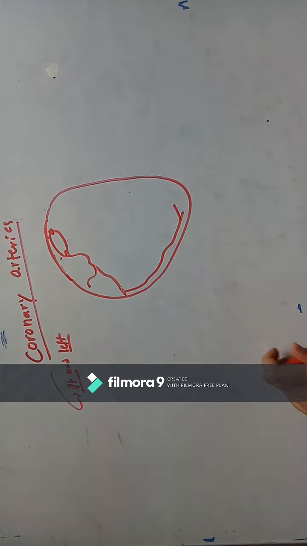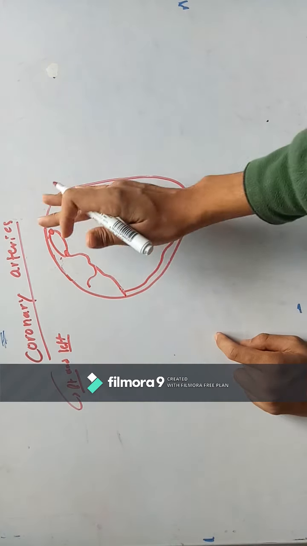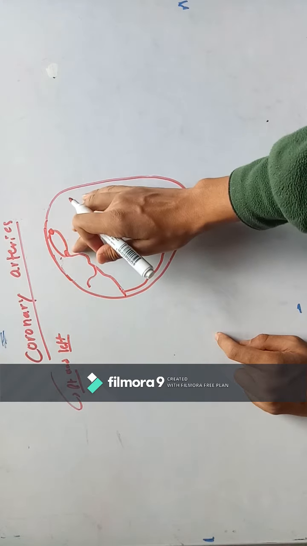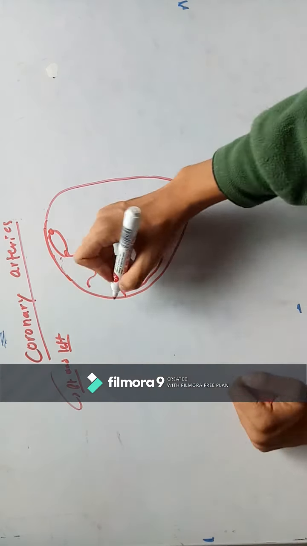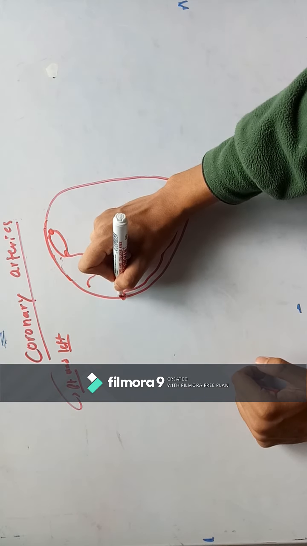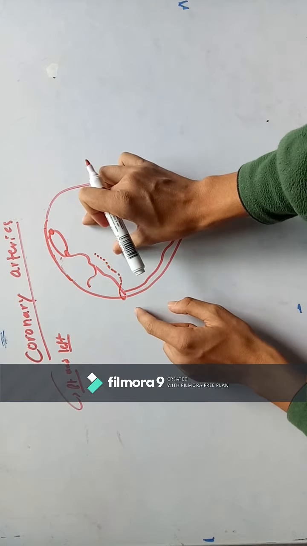Now at the right border, the anterior journey of the right coronary artery is completed. It turns and goes towards the posterior side along the atrioventricular groove.